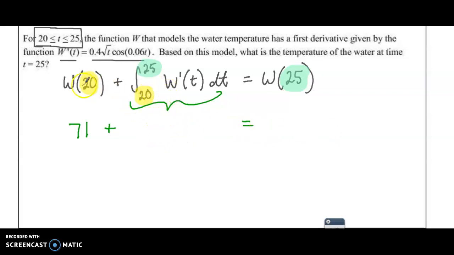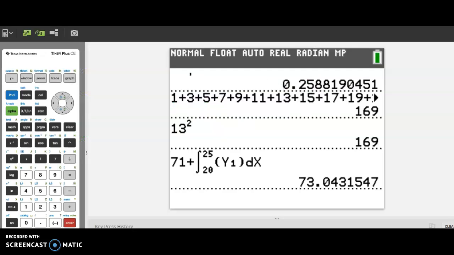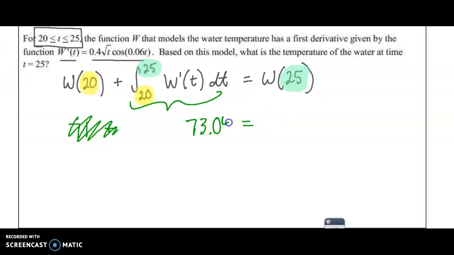Now, actually, I probably wouldn't have even written this stuff. I would probably just go straight to that answer, that 73.043 degrees Fahrenheit is W of 25.